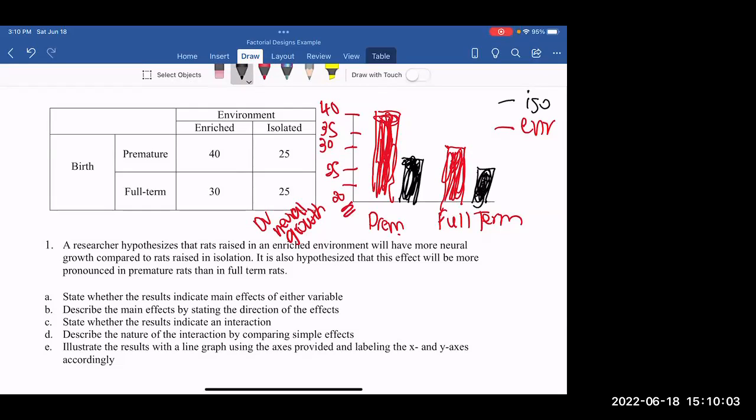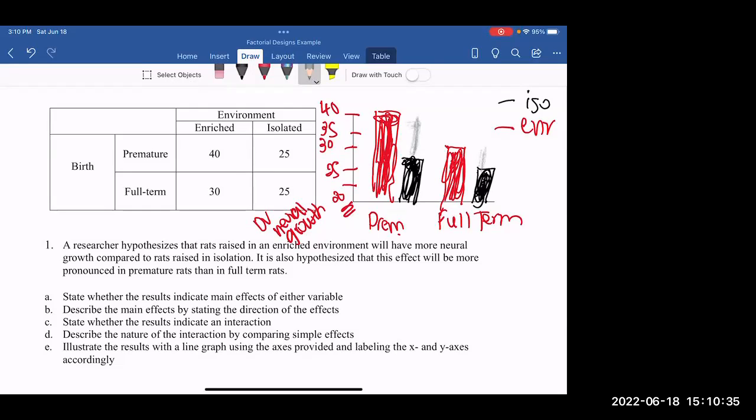So here is probably where it's most apparent, right? So the difference for the preterm rats, if we look at the space between the bars, is much bigger than the difference for full-term rats. Okay, so that's just a couple of different ways you can graph to illustrate an interaction.